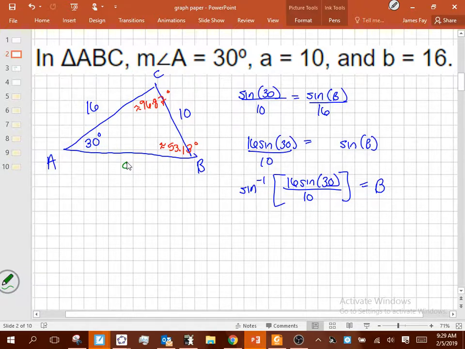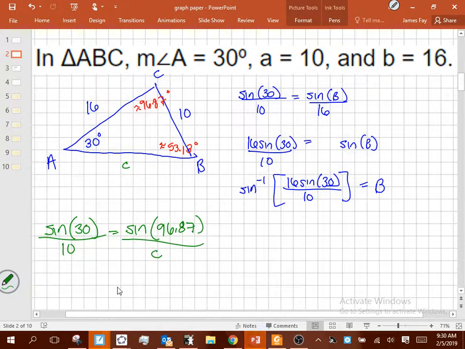Okay. So when I find C, which angle is best to use? 30 or 53.13? 30. That's exact, right? Sine of 30 over 10 is equal to sine of, now if I'm going to find C, I've got to use this 96.87 number, right?